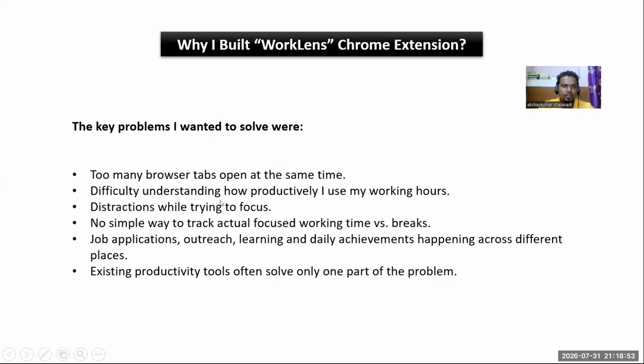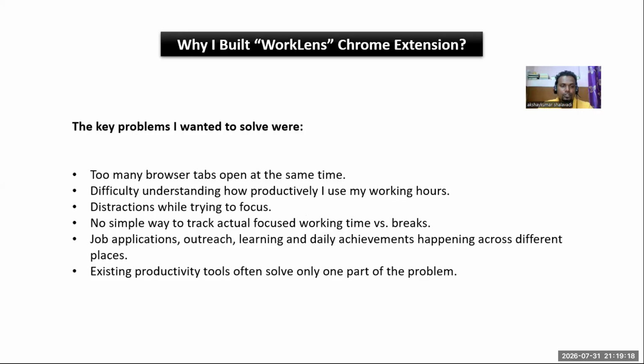And it is difficult to understand how productive I am at my work because I need to context switch each and every time I'm working on a project, based on the different instances and different problems that I'm trying to solve.